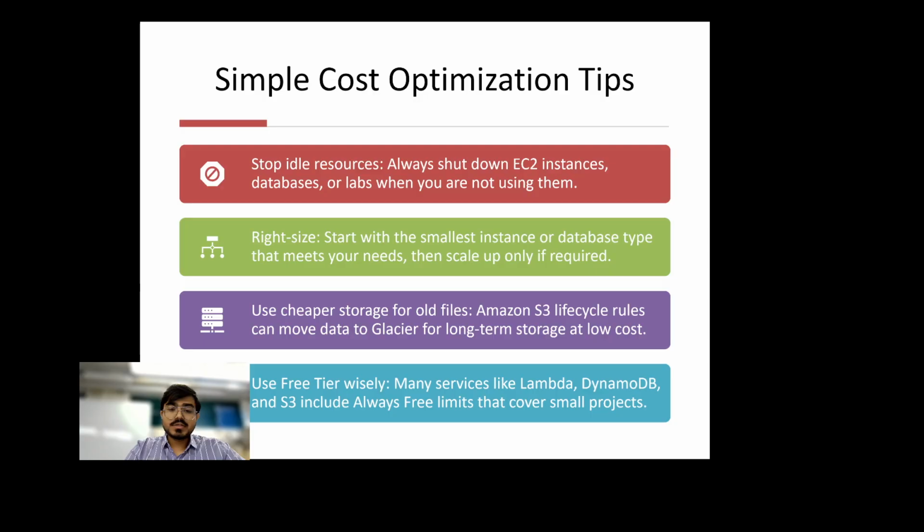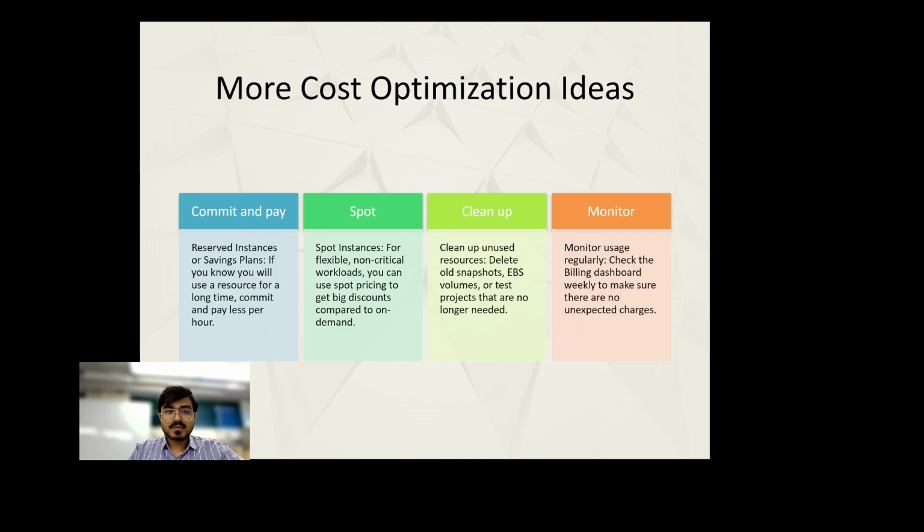Use cheaper storage. Move old files to Amazon S3 Glacier with lifecycle rules. Then use the free tier wisely. Many services like Lambda, DynamoDB, and S3 provide always-free limits, which cover small projects. Let's move to the next one.